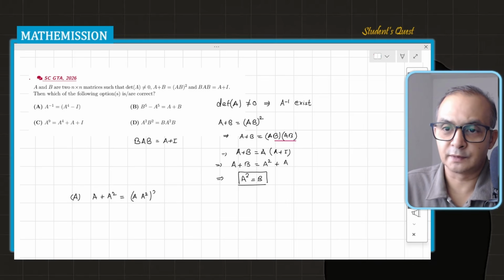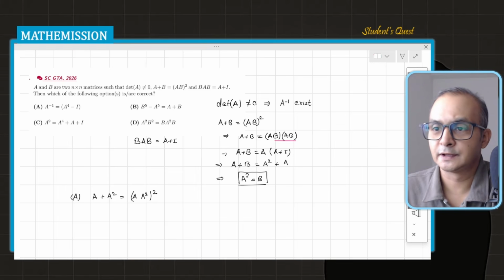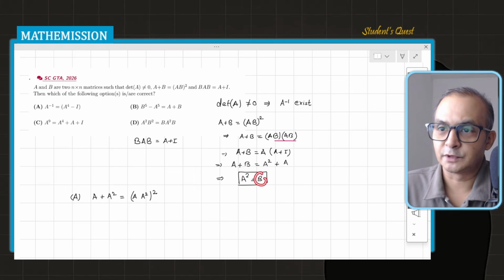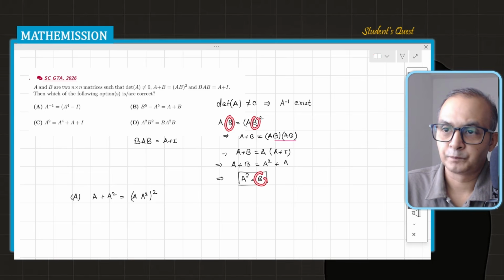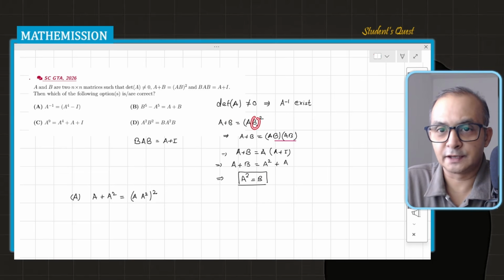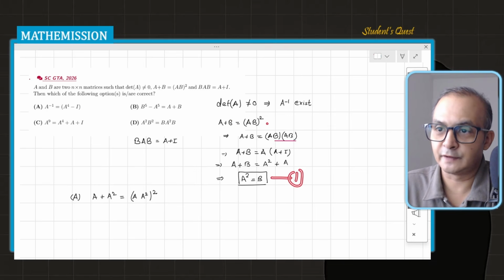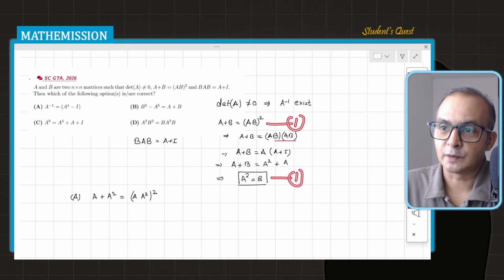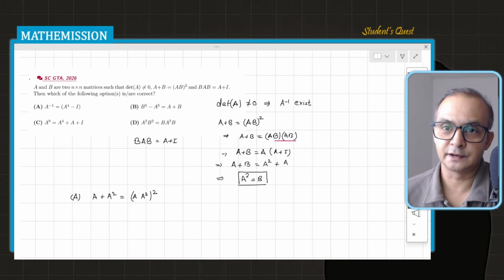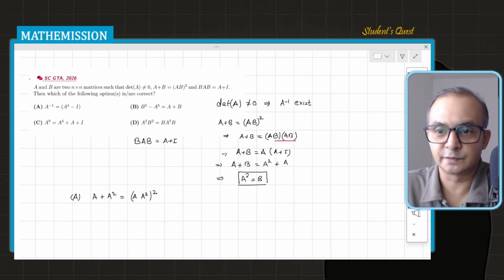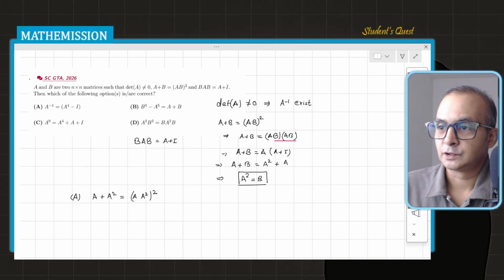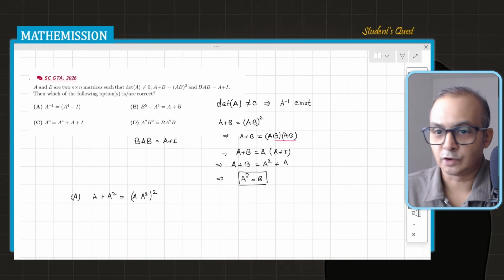What I'm doing is substituting this B value as A squared, because this equation is in terms of only A. I'm using them to eliminate B and try to construct an equation in terms of A only. So in this way we are successful or not, we will see.